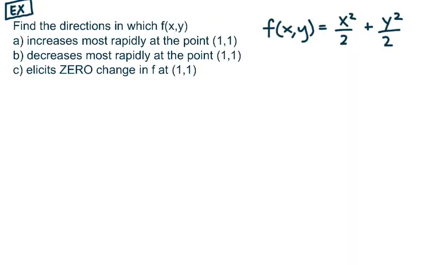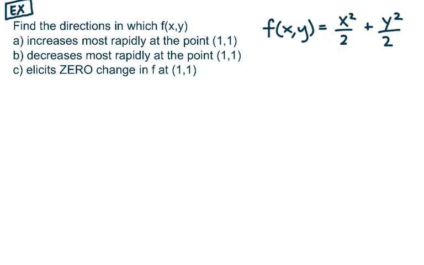For this example, we are given the multivariable function f of x, y is x squared over 2 plus y squared over 2. And does anyone recognize what this is the shape of? What space curve we have here? Or rather, I should say, what quadric surface?